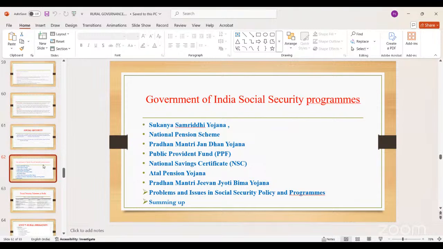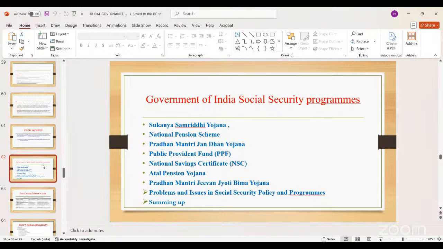It is basically a type of small scale saving scheme for the girl child, and it is intended to cater for the education and marriage expenditure of a girl child. Okay, so it is basically a part of the government's Beti Bachao Beti Padhao mission overall umbrella.